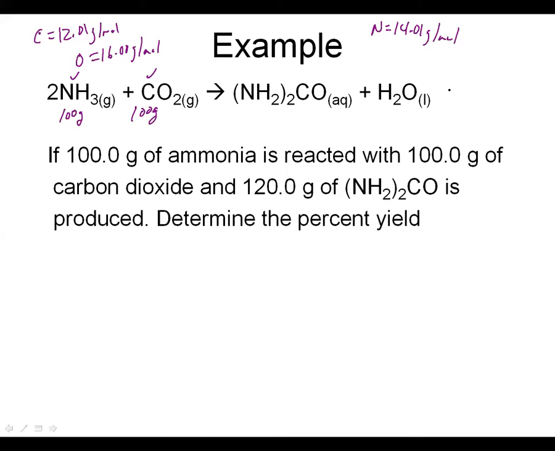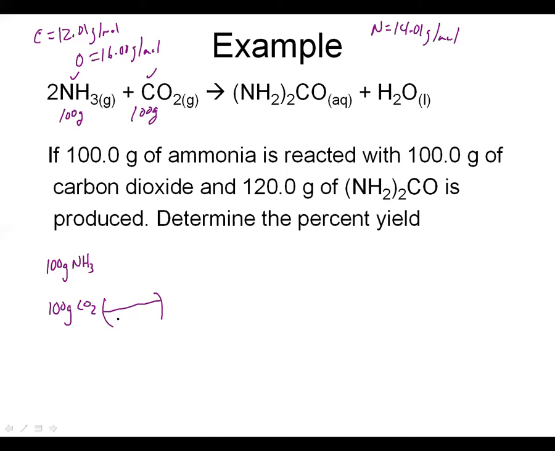So in this case, let's do it here since I got some room. We have 100 grams of NH3 and we have 100 grams of CO2. We want to use the molar mass from the periodic table to do that conversion.